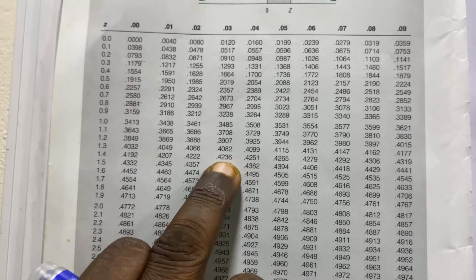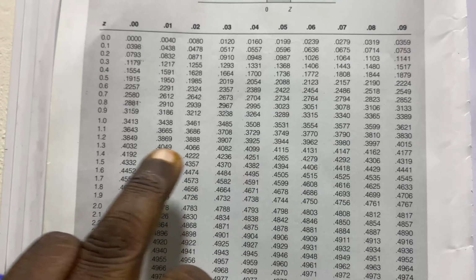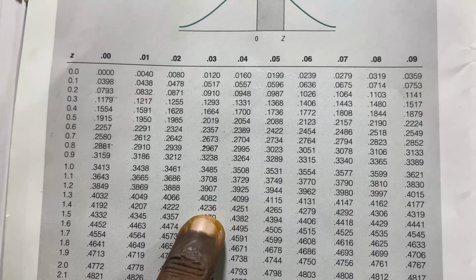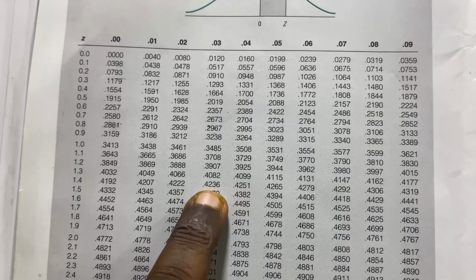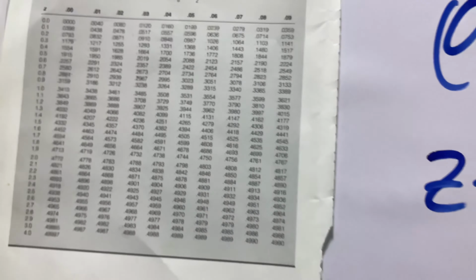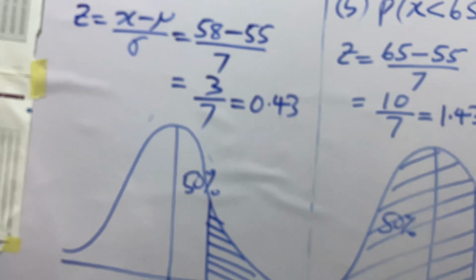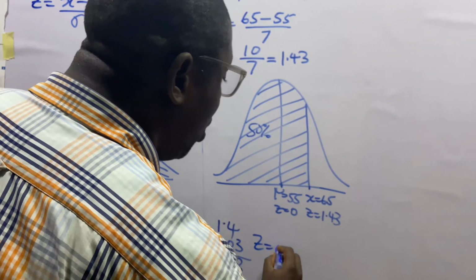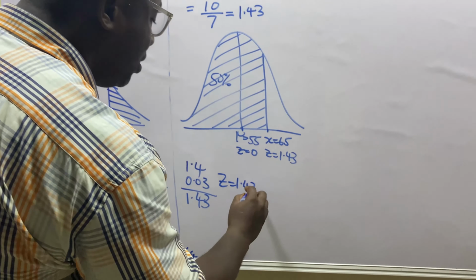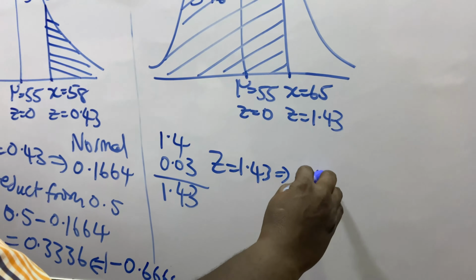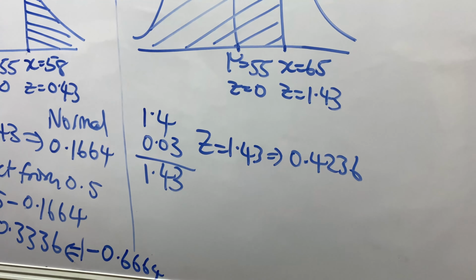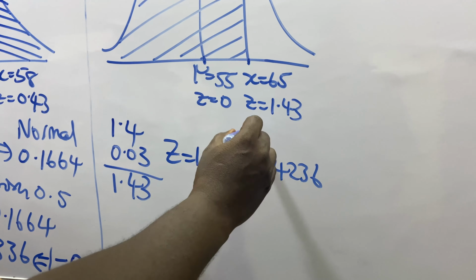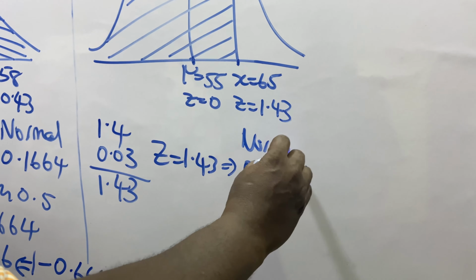Can you see it? 1.4 under 0.03, and what we have is 0.4236. So let's go back to our workboard and write this down. So a z-score of 1.43 will give us 0.4236. This is the normal value.